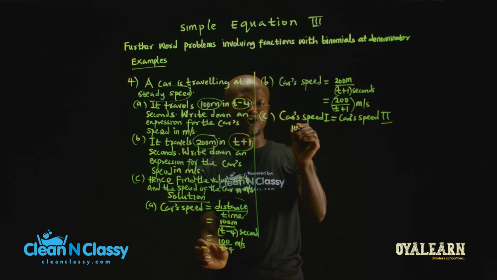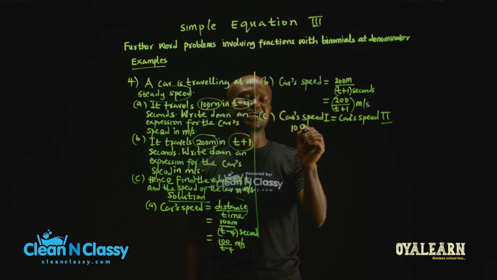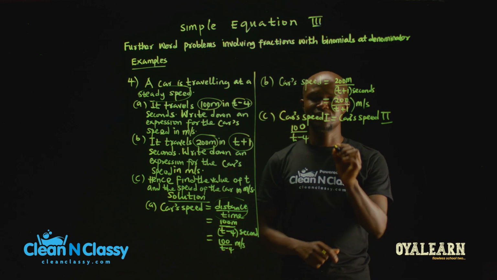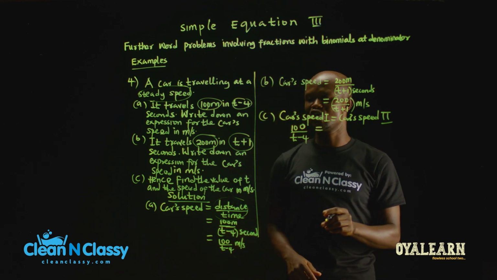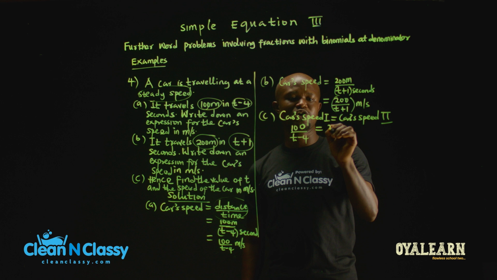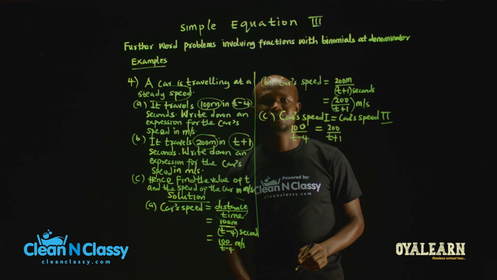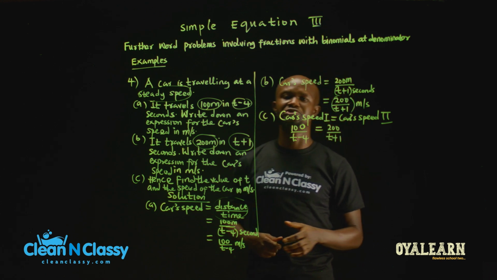So in this case, we substitute. The car speed at this period is 100 divided by t minus 4, which equals the second one, 200 divided by t plus 1. So at this point, what are we going to do?